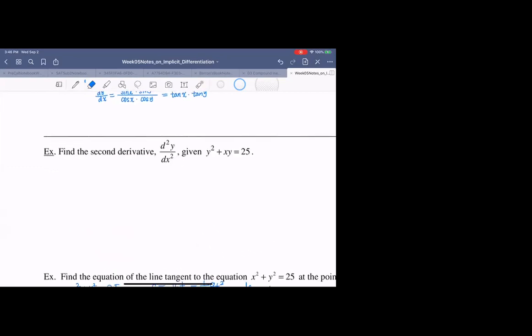Go ahead, please. For doing this kind of question correctly, you have to pay attention to the chain rule all the time.